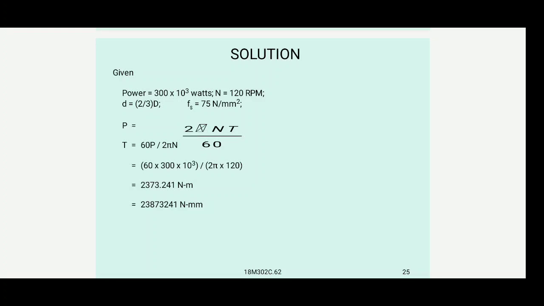Power is equal to 2 pi NT by 60, T is equal to 60P by 2 pi N. So that is 60 into 300 into 10 cube by 2 pi into 120, which is 2387.3241 Newton meter, that is 2387.3241 into 10 cube Newton mm.